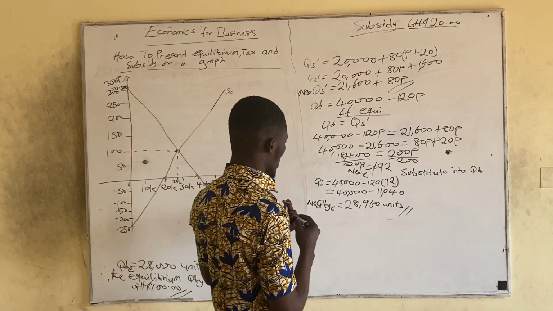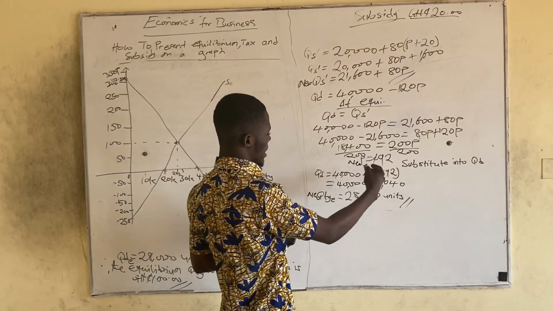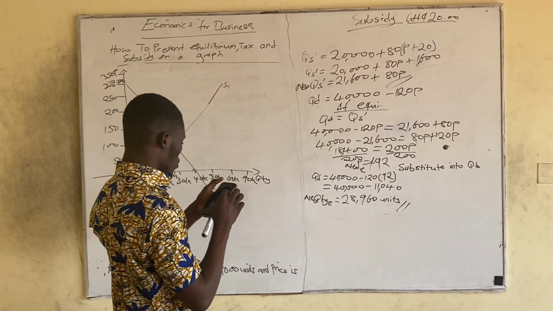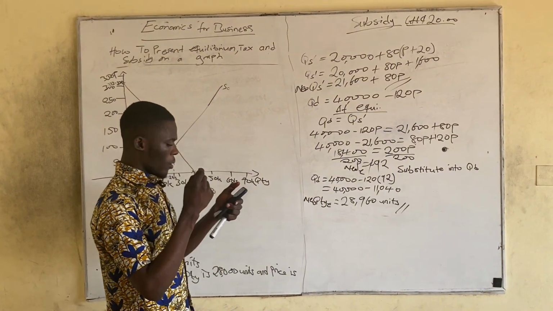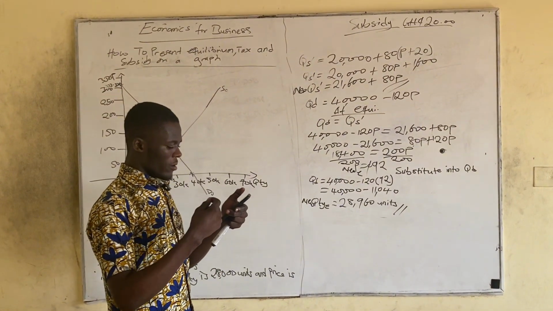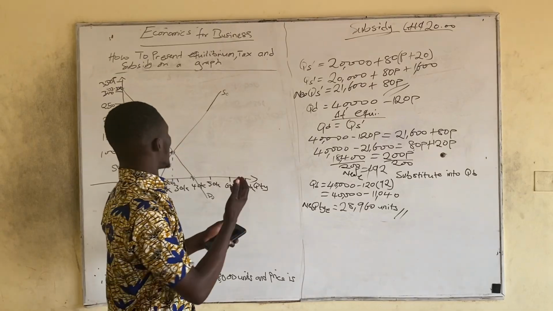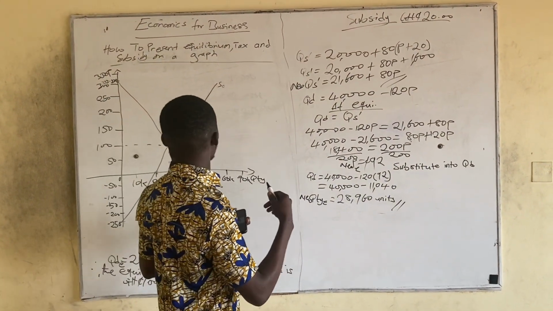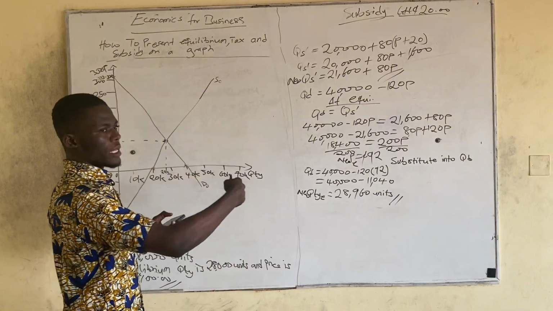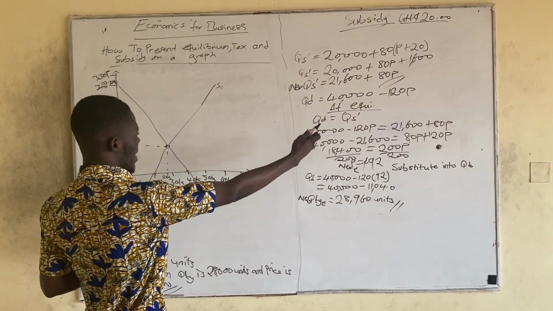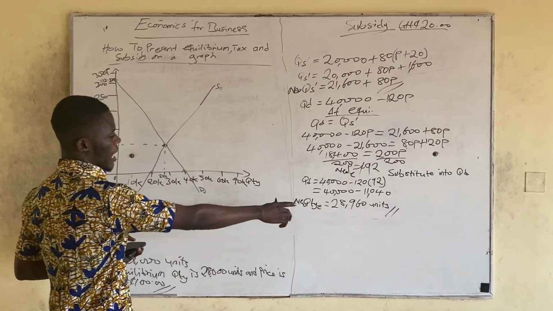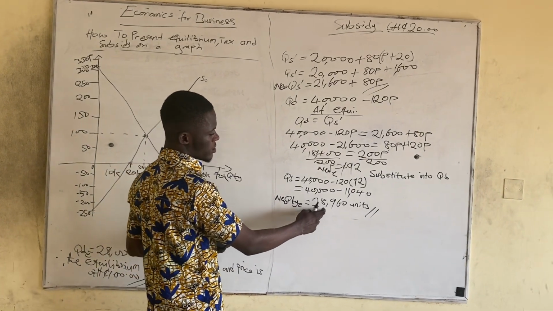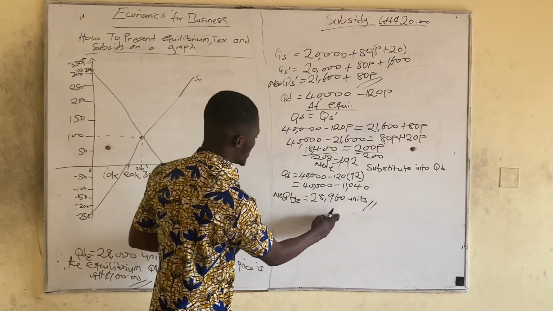Here it says that we should also sketch the new supply function and equilibrium on the graph that we sketched. So let me continue with the sketch. Our new equilibrium quantity is 28,960 units.